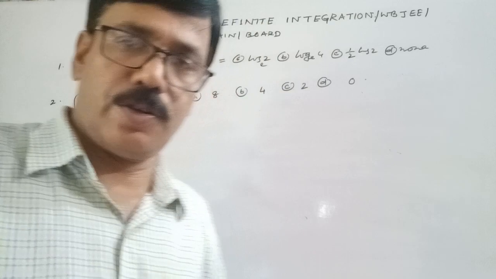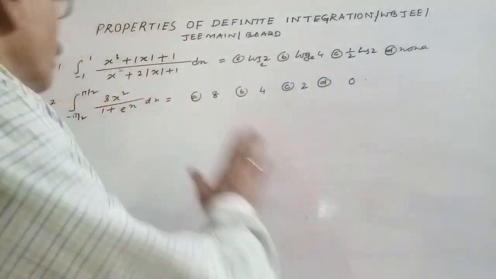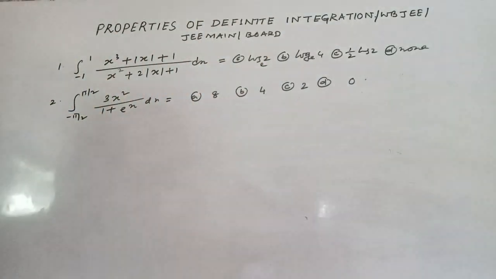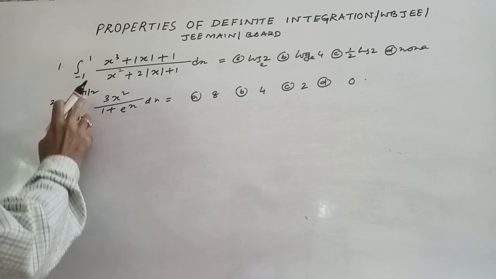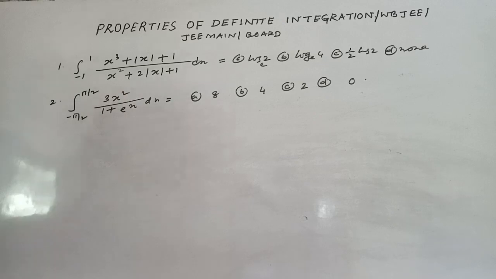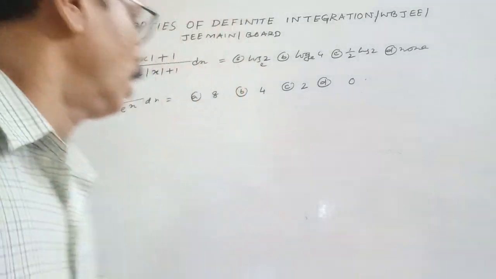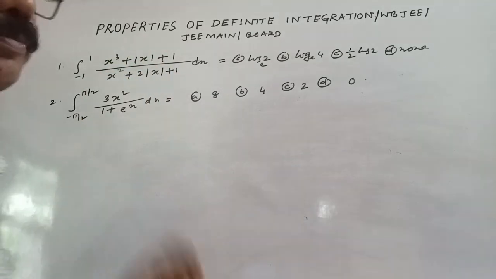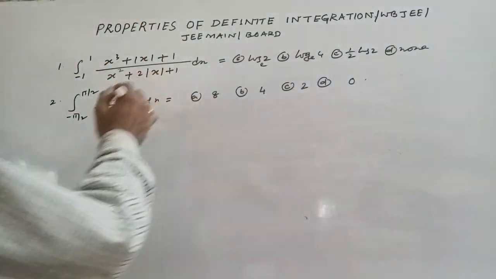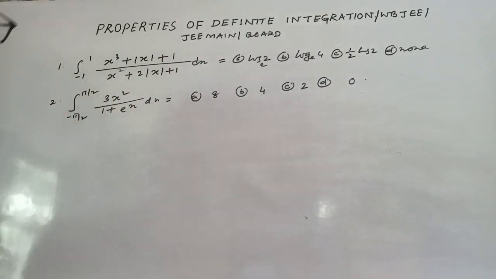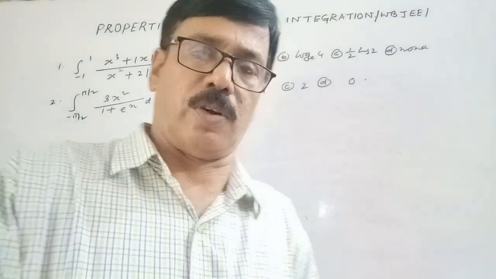Now we consider two problems using the earlier theory. Now, the second one, minus pi by 2 to plus pi by 2, 3x square, 1 plus e to the power minus x dx. Now it is neither even nor odd. You can verify also. So by the previous property, look, they are the same but opposite in sign. So first we look whether it is even or odd.